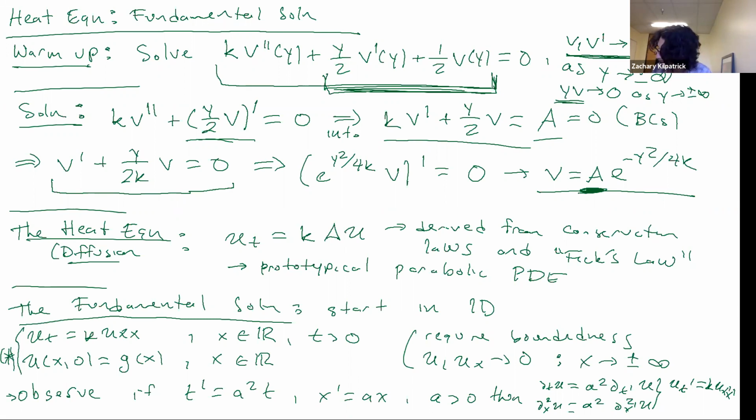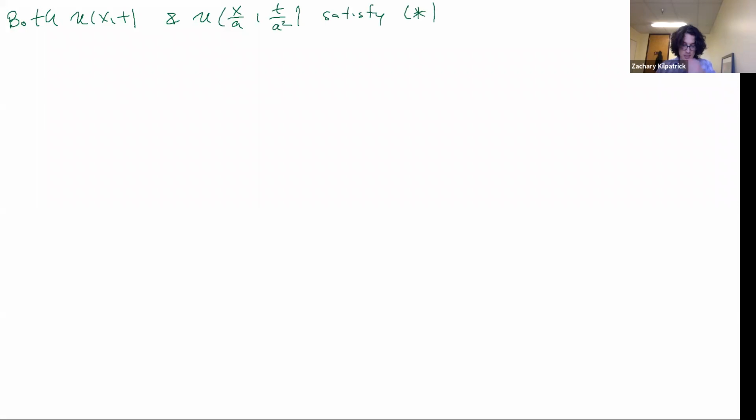So that's self-similarity. It just says that we can make a change of variables and it should still satisfy the original PDE, ignoring the initial condition for now.